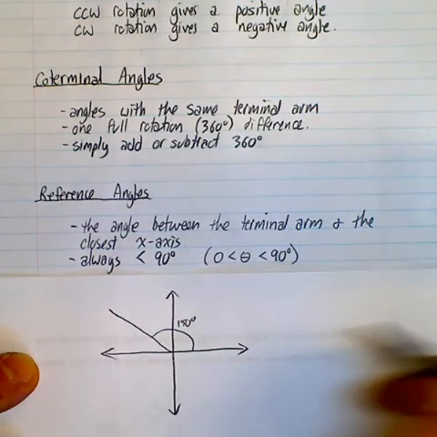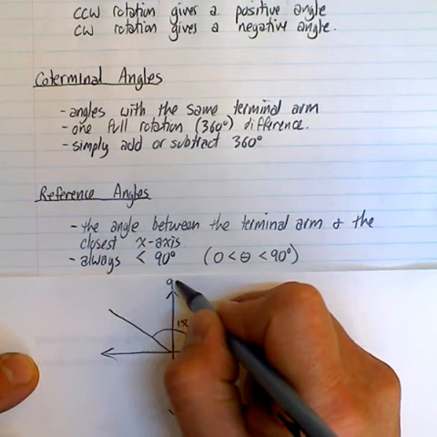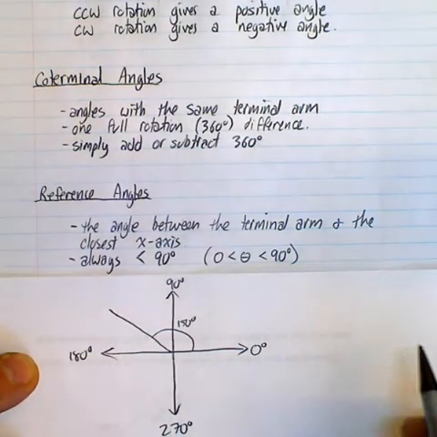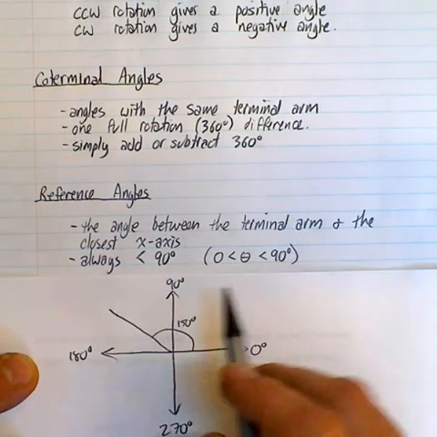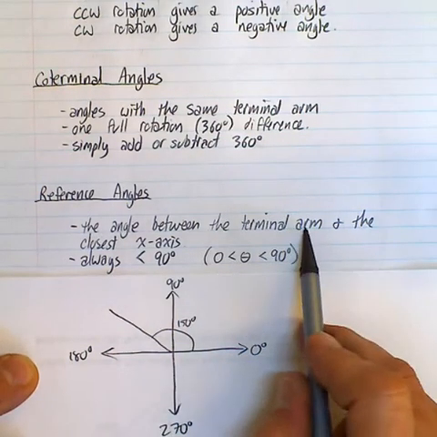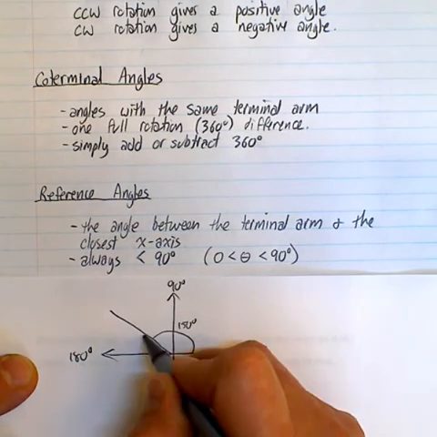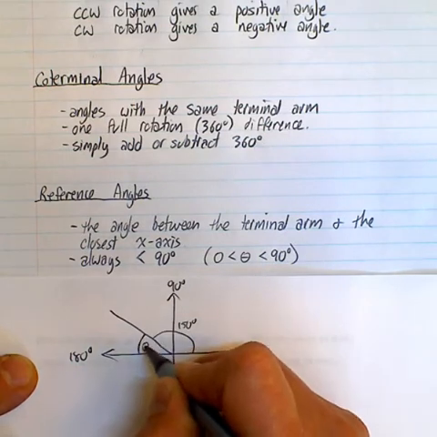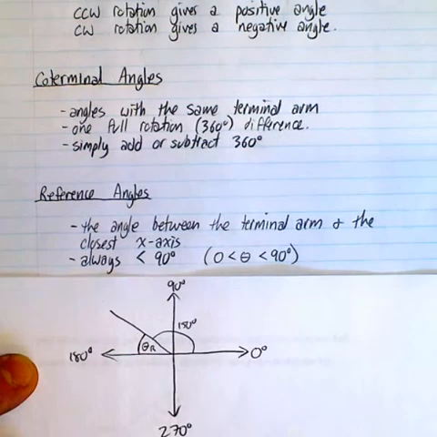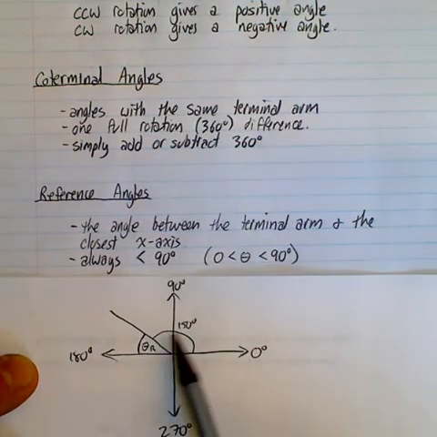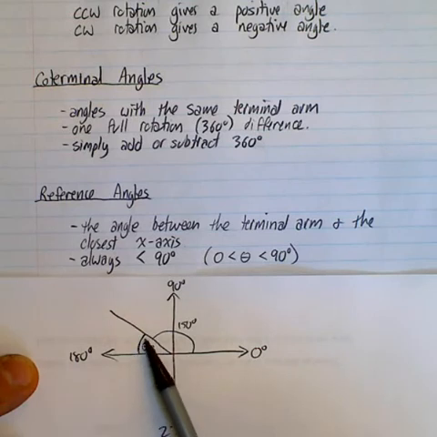We know that's 0, that's 90, that's 180, that's 270. Well, what would be the angle between the terminal arm and the closest x-axis? Hoping you can see that that's going to be this right here. We'll call it theta r. So your reference angle is the distance from your terminal arm to the closest x-axis.